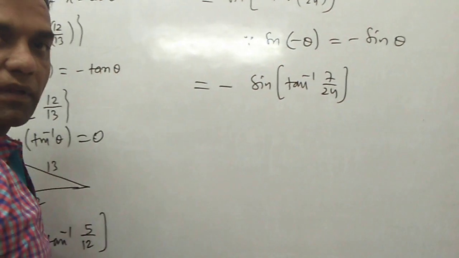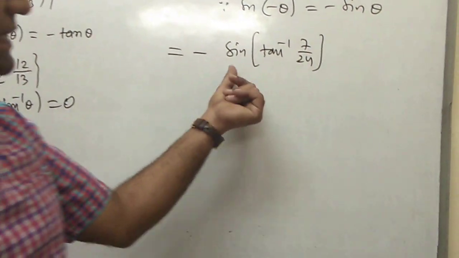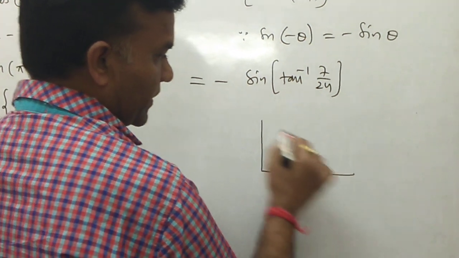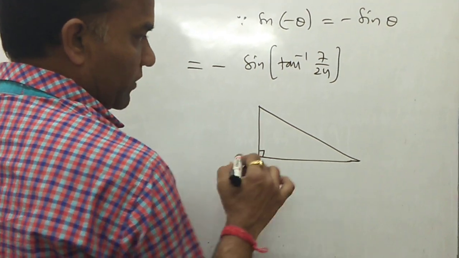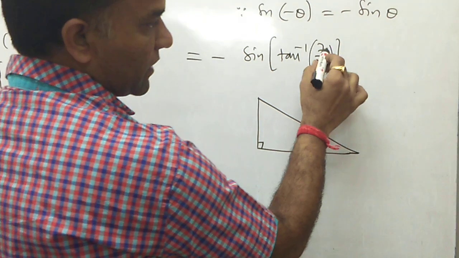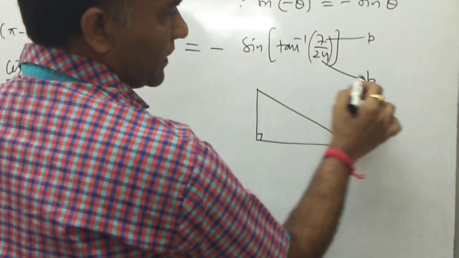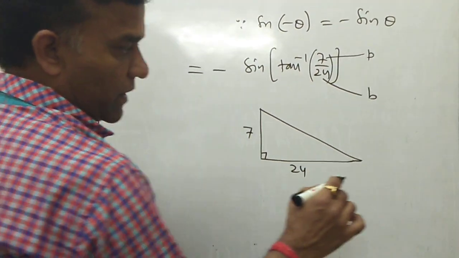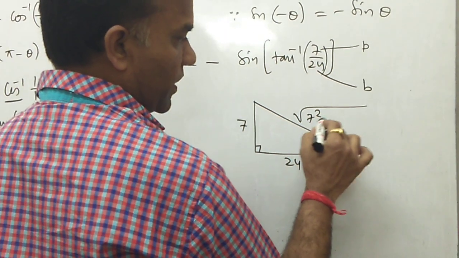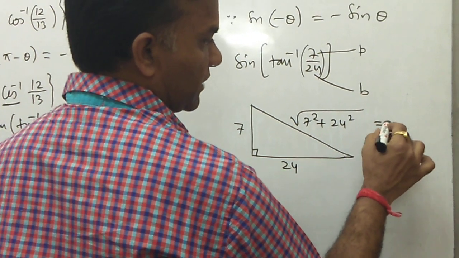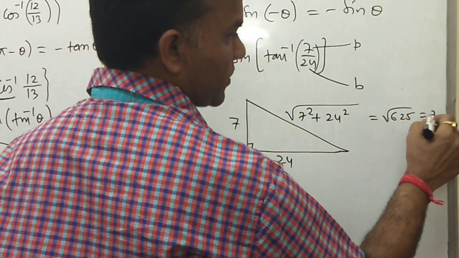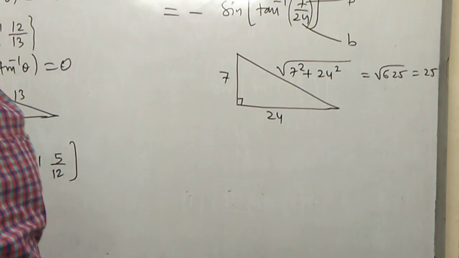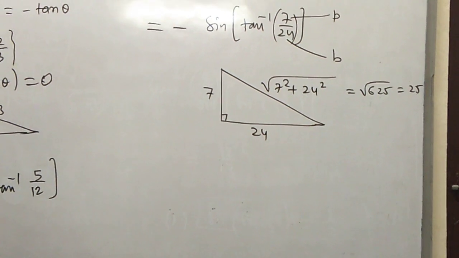Okay, so now again a problem is created: sine is outside and sine is not given inside. So again use the concept of trigonometry. We have the triangle, and the inside value is like this. This value is P, this value is B, so 7 by 24. Now we find the hypotenuse: under root of 7 square plus 24 square. 7 square is 49, 24 square is 576, their sum is 625, and the square root of 625 is 25.